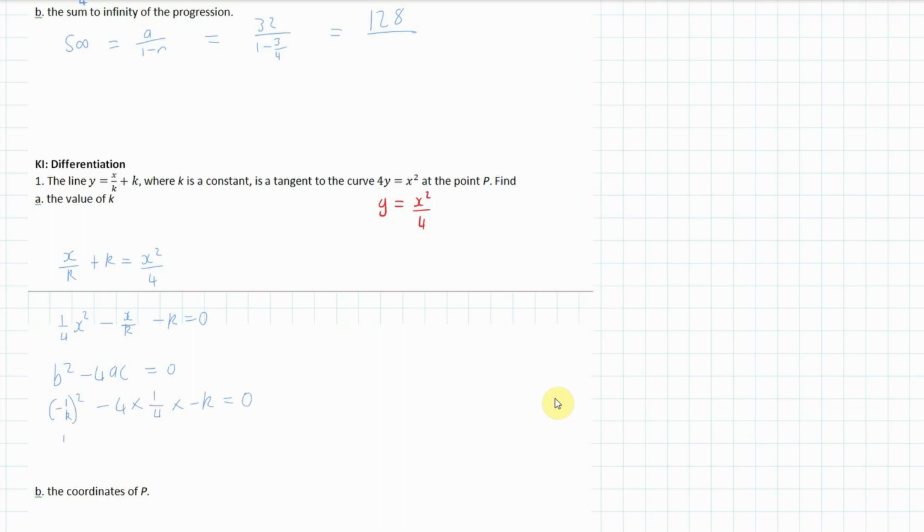So we should get 1 over k squared plus k equals 0.